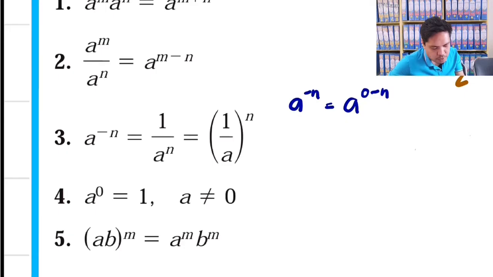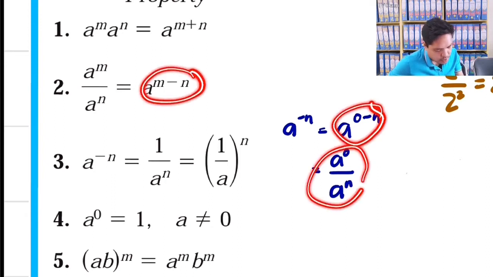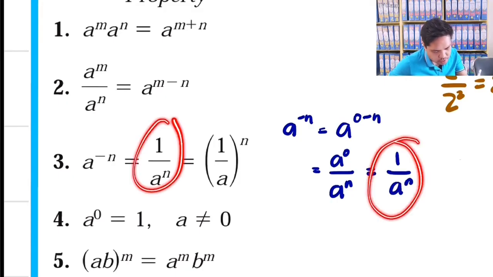So, by properties of exponent, this is the same as a raised to 0 over a raised to n. And a raised to 0 is 1. So, this is 1 over a raised to n.